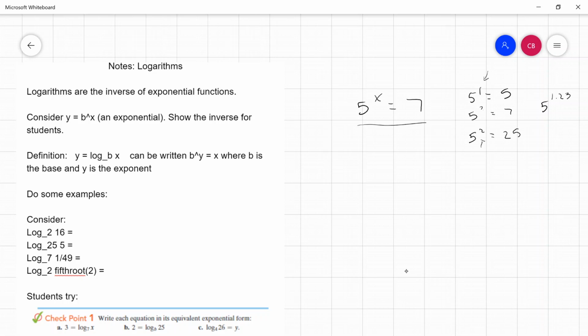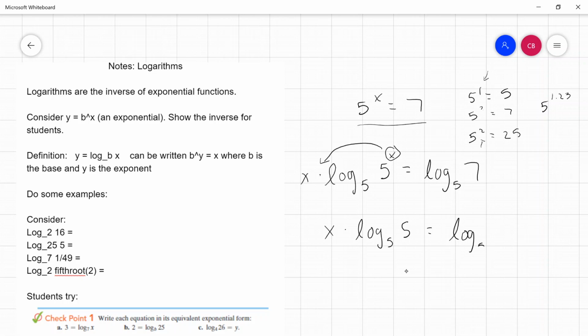So what would happen in this case is I'd take the log base 5 of 5 to the x is equal to log base 5 of 7. Okay, we still have that x there. And then I would move this x out to the front because there's a rule that says we do that. So we have x times log base 5 of 5 is equal to log base 5 of 7.